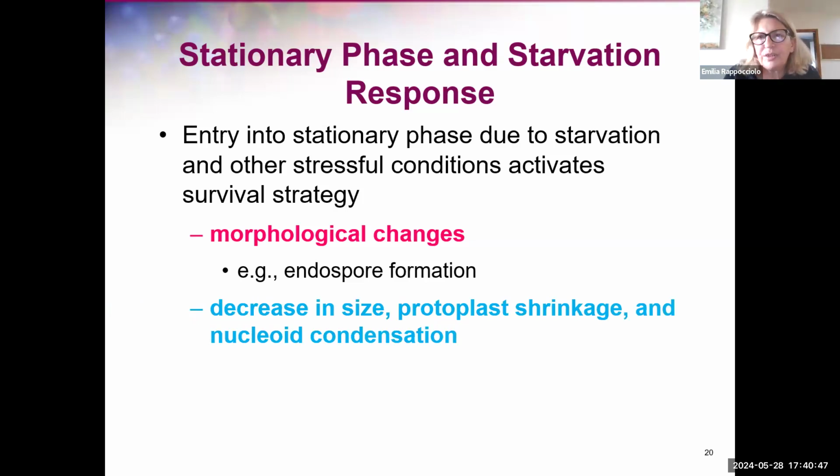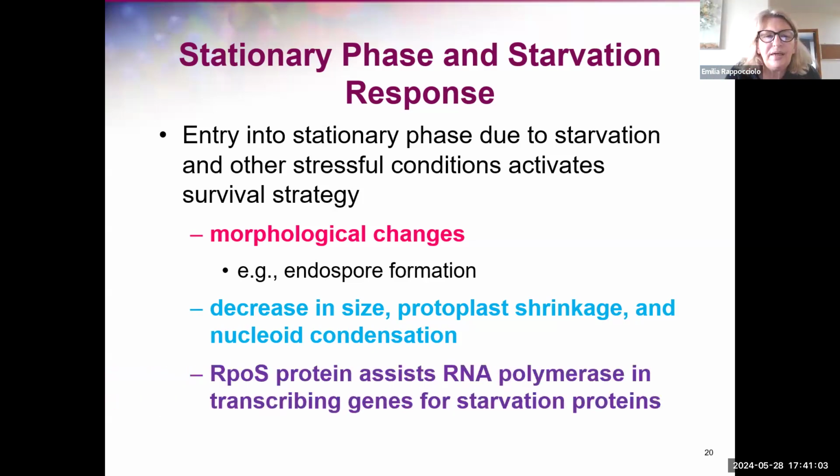Cells that don't have the ability to become endospores might decrease in size, shrink a little bit, and have more condensed DNA.